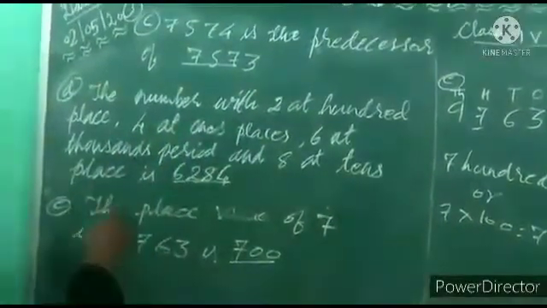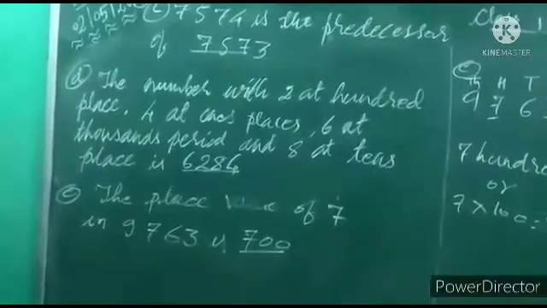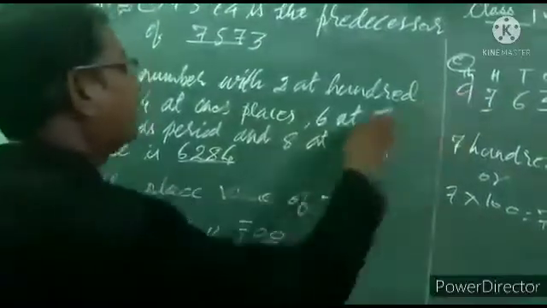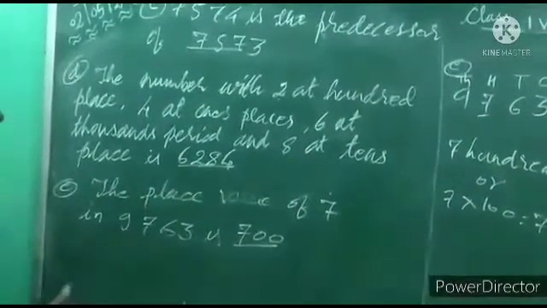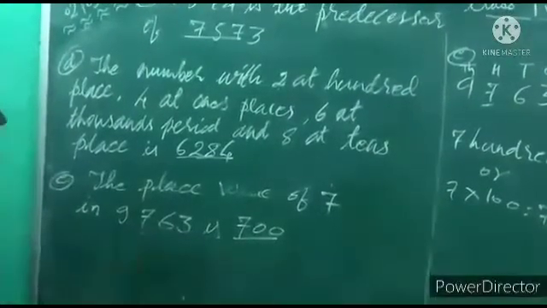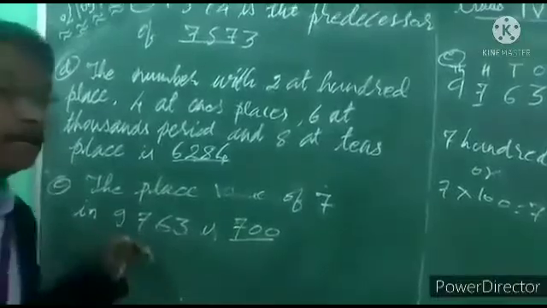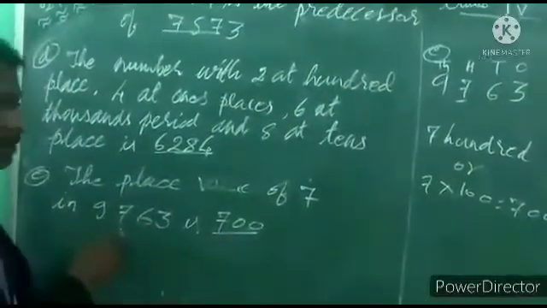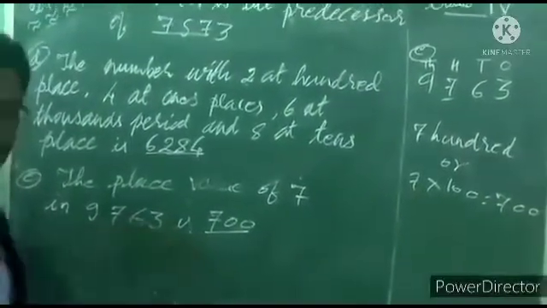The number with 2 at hundreds place, 4 at ones place, 6 at thousands place and 8 at tens place: according to the question, you make a place value chart and write their numbers. Next question, the place value of 7 in 9,763. We write the place value of 7 only, so 7 into 100 is 700.